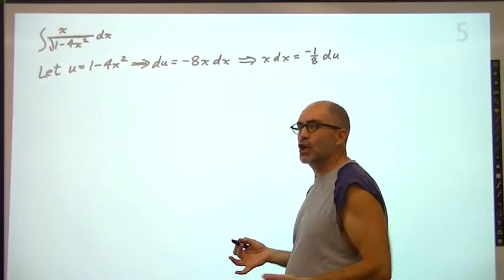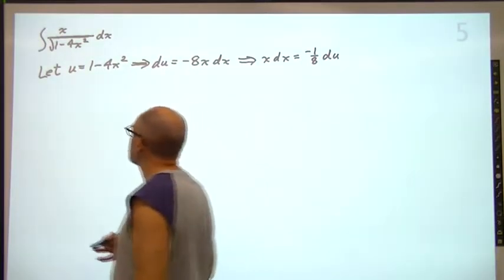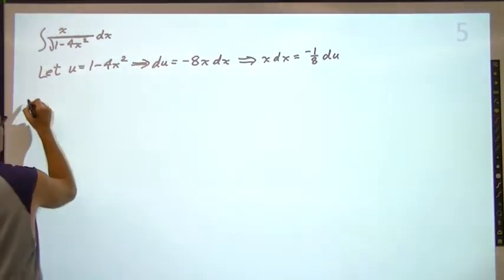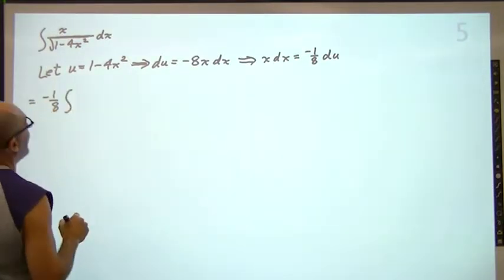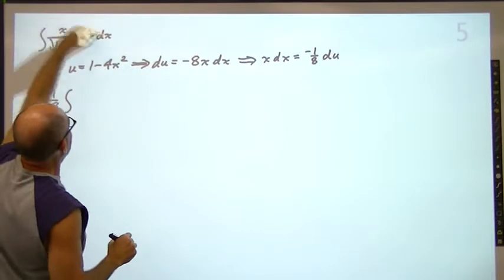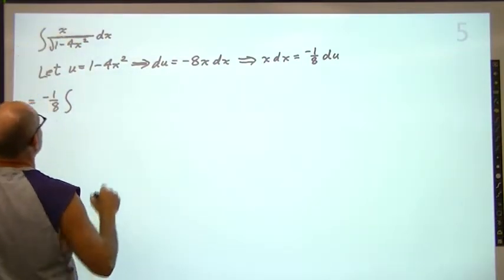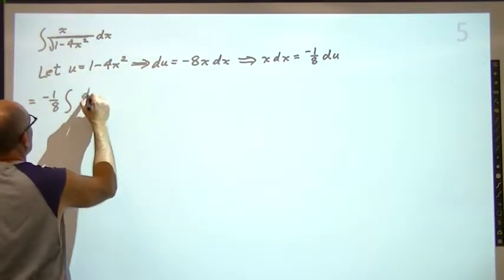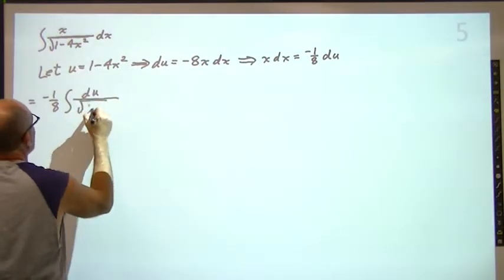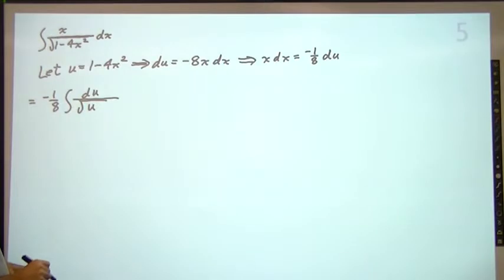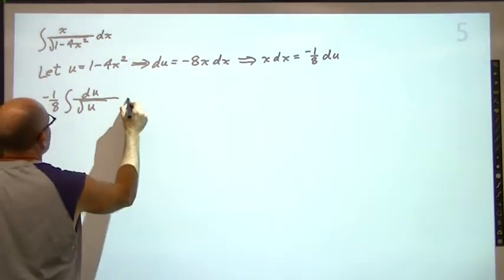All right, now I'm ready to cook. So I take my negative 1/8 outside the integral, and I've got my x dx on top that I'm just going to turn into a du. And what's on the bottom? The square root of u. That's it. Now, it's a really simple integration.